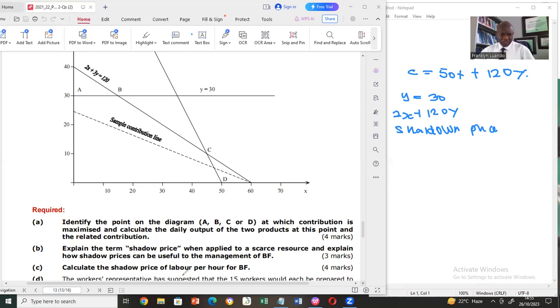Calculate the shadow price of labor per hour for BF. Before you calculate the shadow price, you first need to calculate the contribution at the optimum point, in this case B. If y is equal to 30, then what will be x? Here we simply substitute.